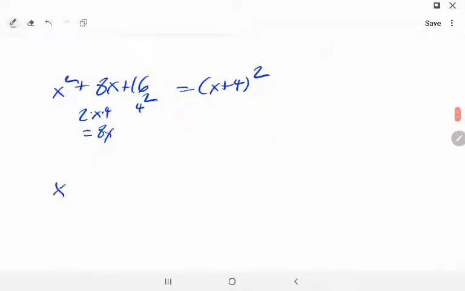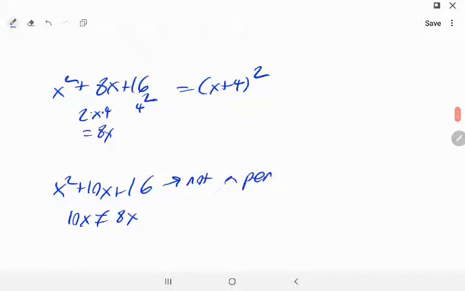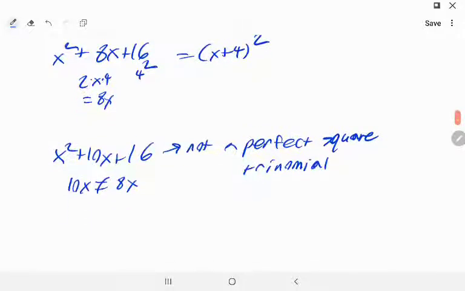If we had x squared plus 10x plus 16, we still have x squared and 4 squared, but now 10x is not equal to 8x, and so this is not a perfect square trinomial. Sometimes we can factor them anyway. In this case we could factor it as x plus 2 times the quantity x plus 8, but it's not a perfect square.